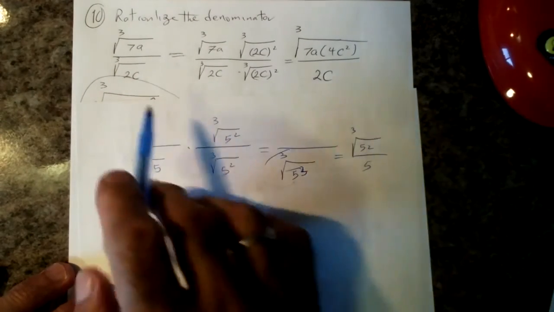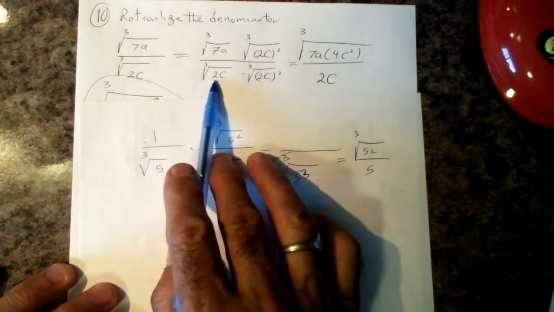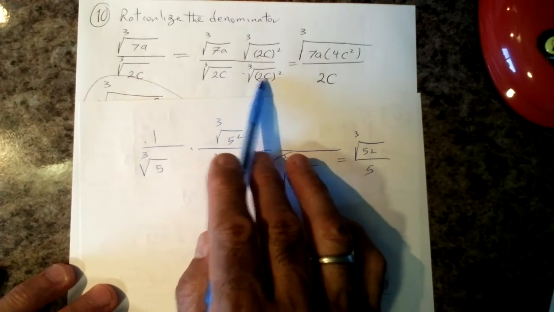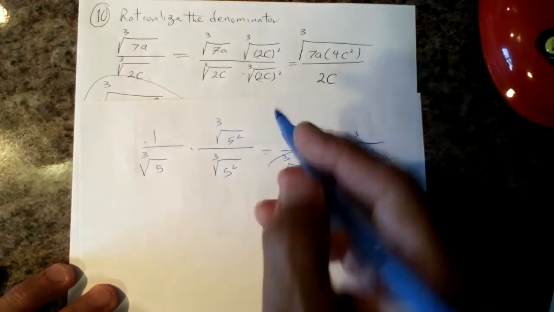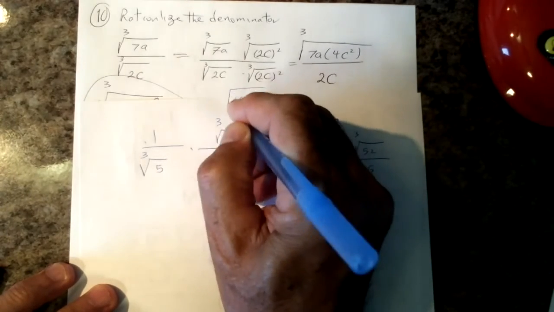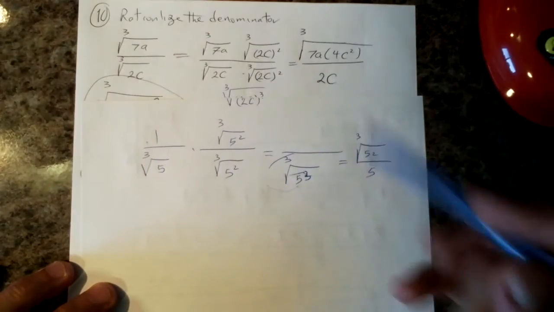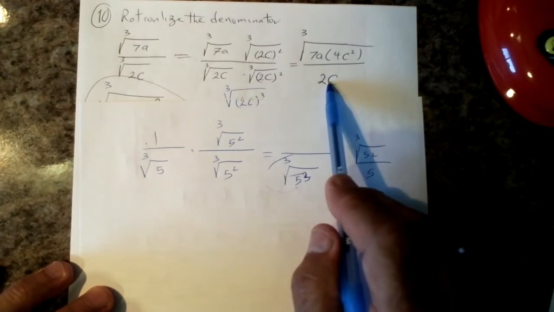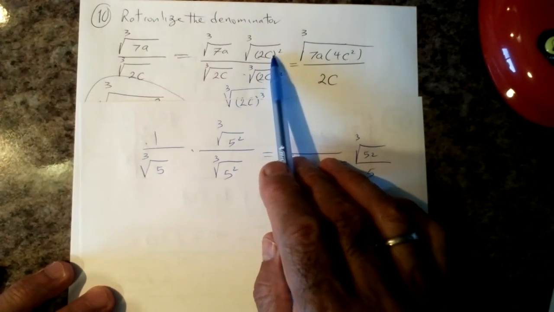So here, cubic root of 2c, I have to multiply by cubic root of 2c to the power of 2. When you combine these two, it makes 2c to the power of 3, and then you have the cubic root. See? Then you can cancel this 3 and 3 and remove that. That's why we put 2c to the power of 2.